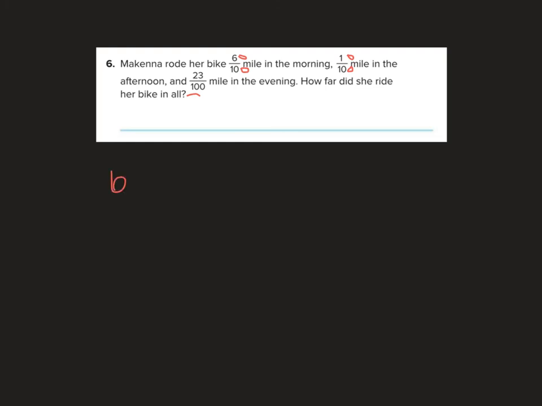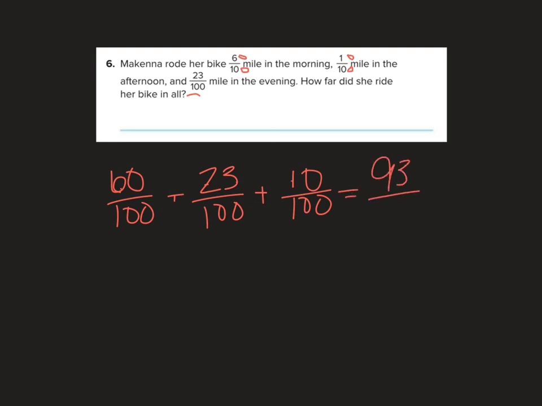So I'm going to do 60 hundredths plus 23 hundredths plus 10 hundredths. Okay, so I'd get 60, 70, 83, 93 hundredths of a mile is how far she rode her bike.